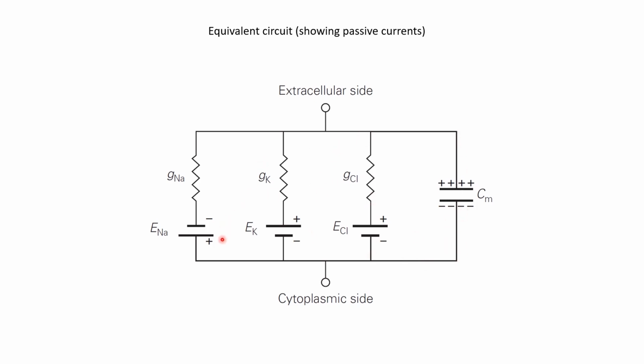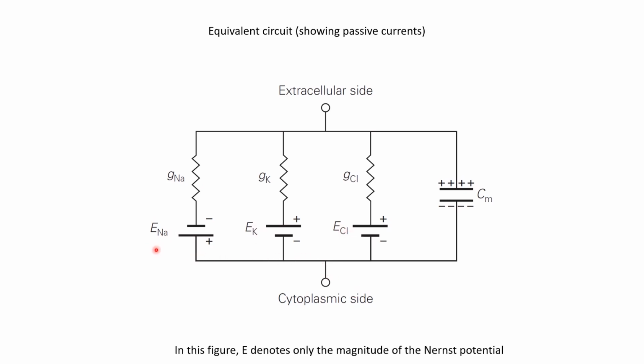all of them connected in parallel. Now one thing to note here: since we know that the equilibrium potential for sodium is a positive value, we have already shown that in this symbol where we have shown positive inside for sodium, and for potassium it is negative inside, and for chloride it is negative inside. Since we have already taken into account the sign, these ECl, EK and ENa values only represent the magnitude in this figure.